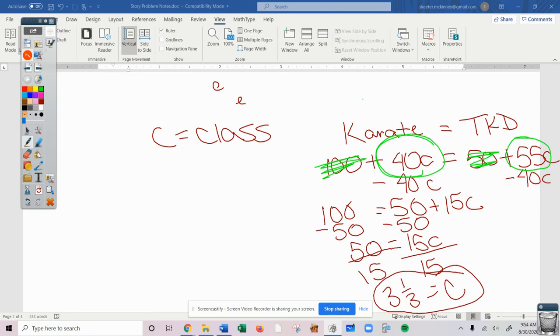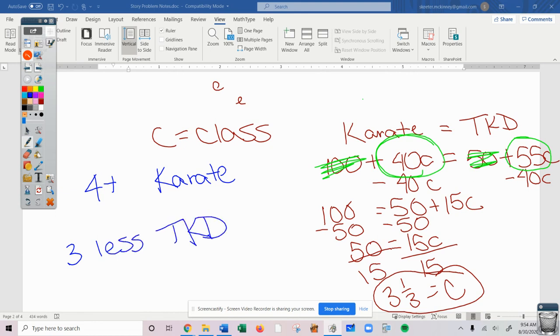So in the 4th class, do I want to spend 40 or do I want to spend 55? Well, 40 is cheaper. So if I'm going to attend 4 or more classes, then karate is going to be cheaper. But if I'm going to 3 or less classes, then taekwondo is going to be cheaper.